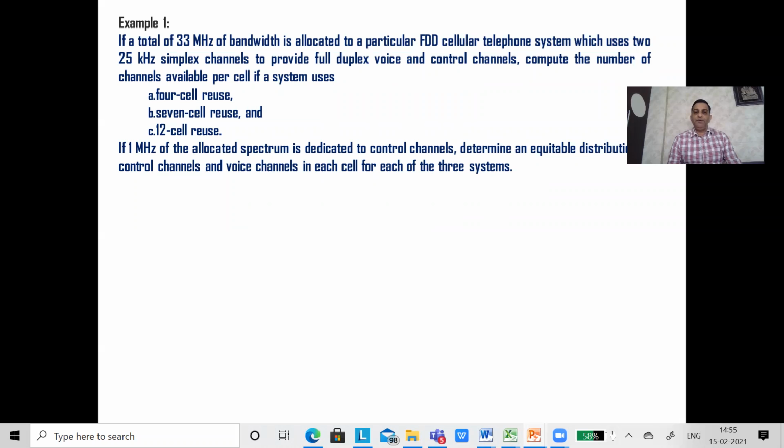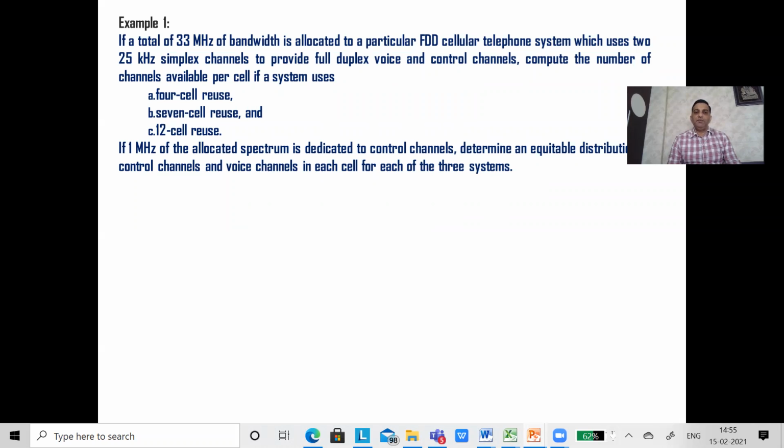Based on that concept and the concept of cluster pattern, here we'll see today example 1 based on the same concept.